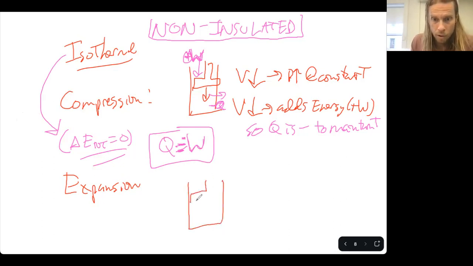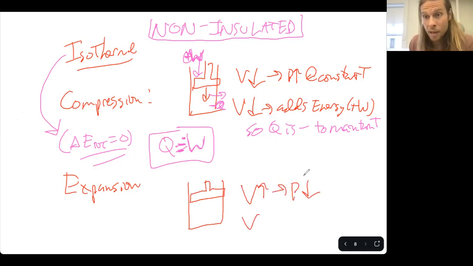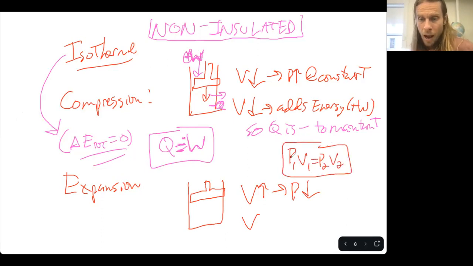If I pull upward, V increases, makes P decrease, which is not the mechanics of heat, right? That's just the result of isothermal. P1V1 equals P2V2 is the result. But how does T stay constant if we're doing negative work?